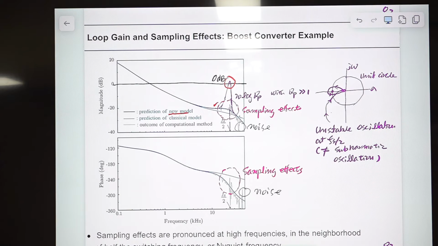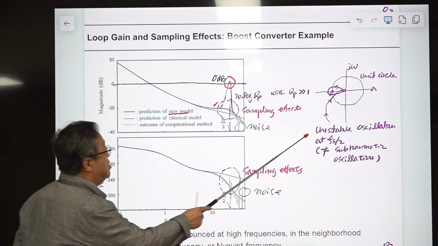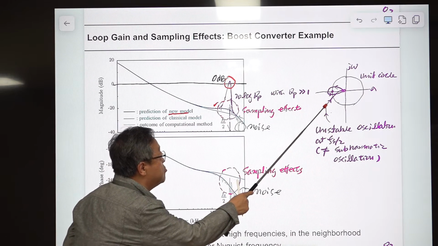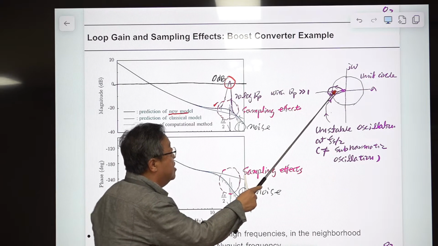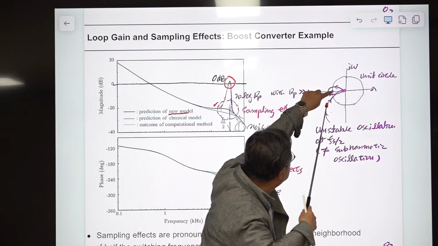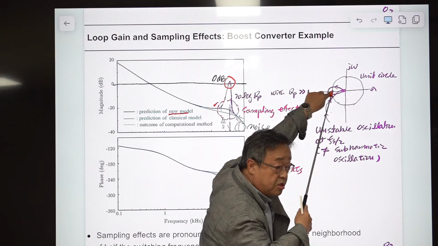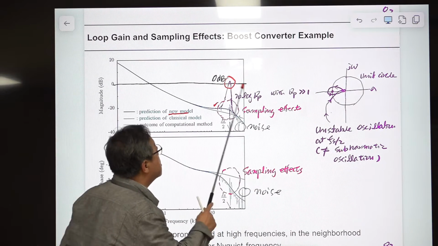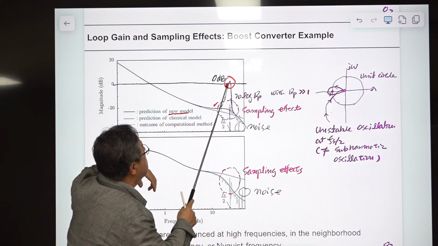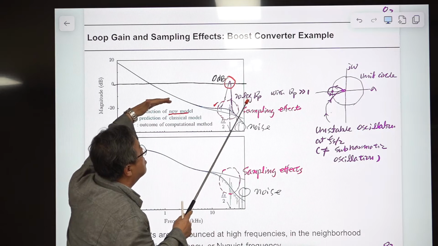Think about the Nyquist plot for this loop gain, and this is maybe the prediction of the classical model. In the classical model, the polar plot of the loop gain goes to the origin without touching this. But here you have some portion extending out above the 0 dB line.